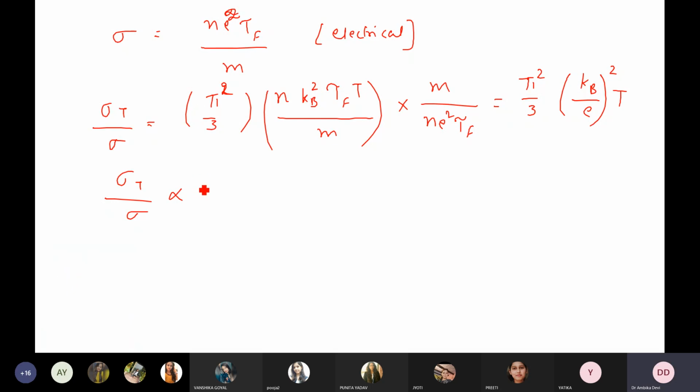And moreover, there is one more quantity which we define for metals, and that is the Lorentz number. By using this ratio, Lorentz number L is defined as the ratio of thermal conductivity to the product of the electrical conductivity and temperature.